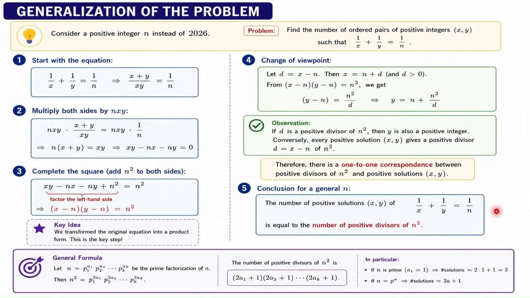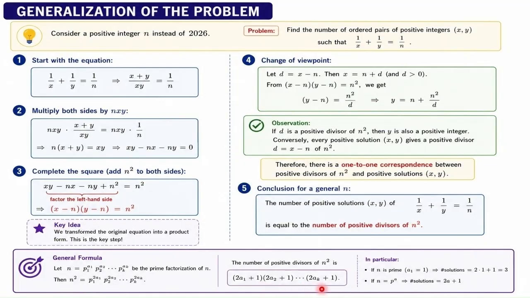Today, we started with what looked like a simple equation involving fractions. But by using one clever idea, we transformed it into a beautiful problem in number theory. Then we counted the positive divisors of a number. And finally, we discovered a general formula that works for every positive integer.